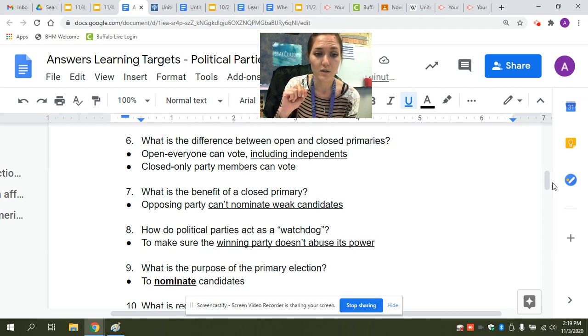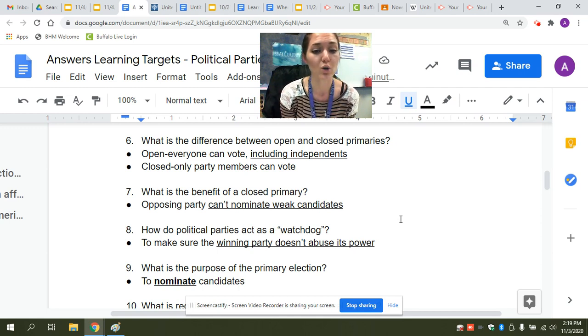The closed party system prevents Republicans from sneaking into that primary and choosing the weak candidate. If that weak candidate got chosen for the Democratic Party, it would make it much easier for the Republicans to win that presidential election. So a closed primary prevents that sneakiness from happening.